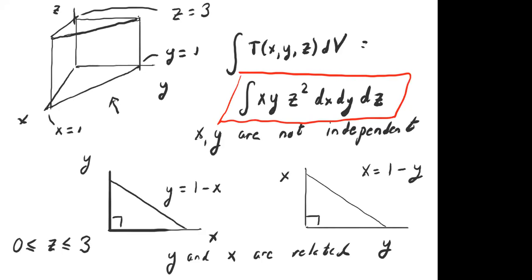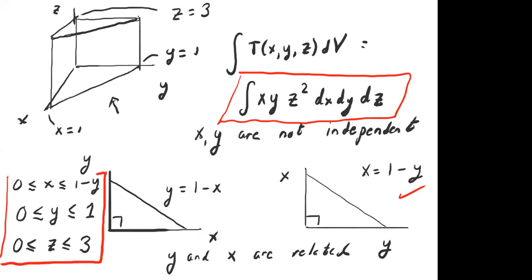So that's easy. y is going to go from 0 to 1. x, however, goes from 0 to 1 minus y, as we saw over here. So these are the limits of integration for this problem. So it would behoove you to do the integral over x first.